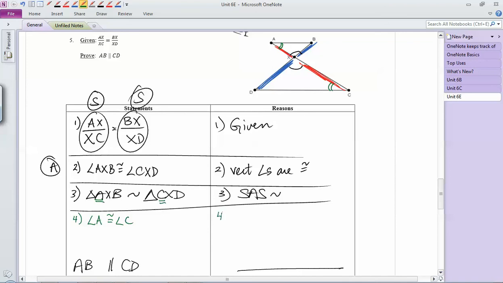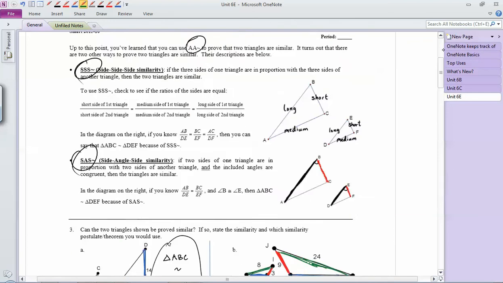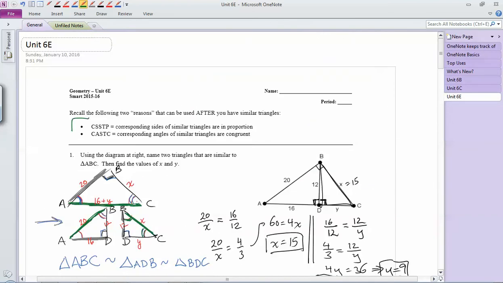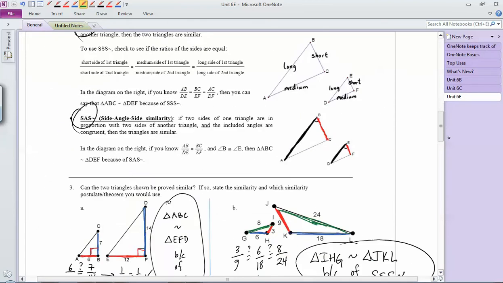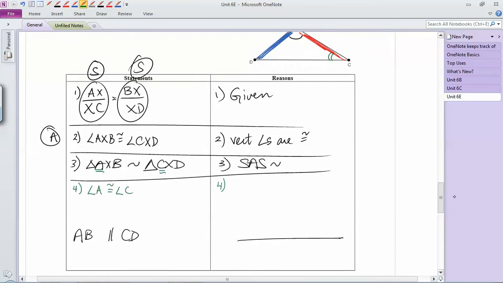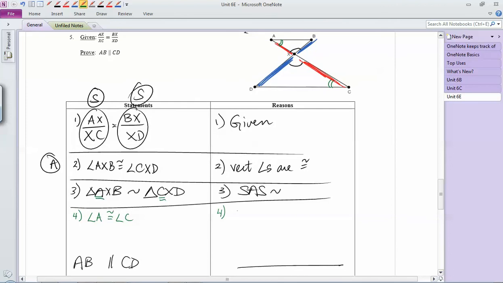That's because we've already proven the triangles are similar, so way back up at the top of the first page, then we can use these two things. So I'm going to match up angles in this case, because that'll help me get parallel lines. So A is congruent to C because corresponding angles of similar triangles are congruent.